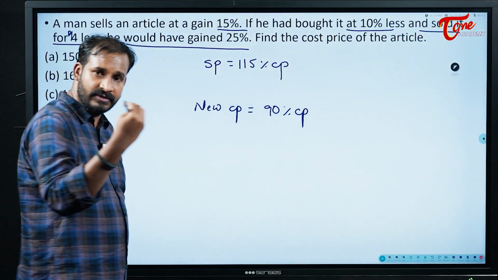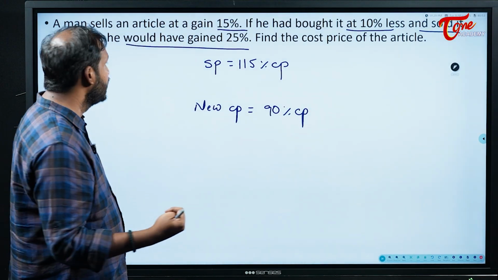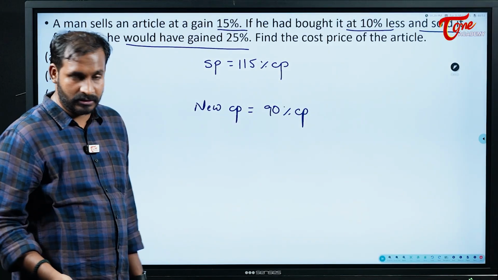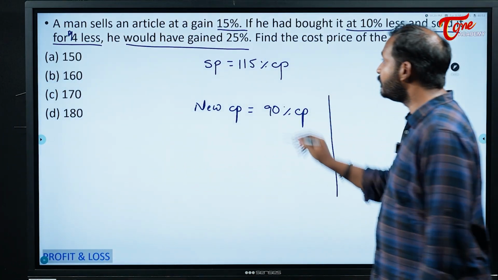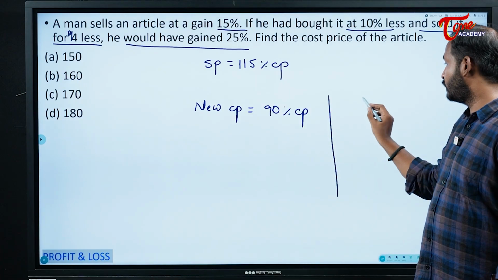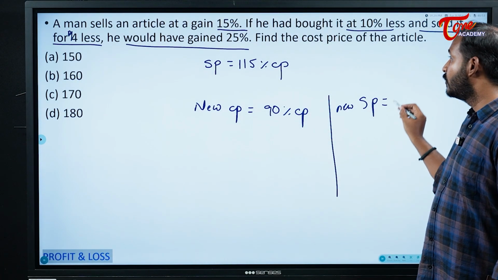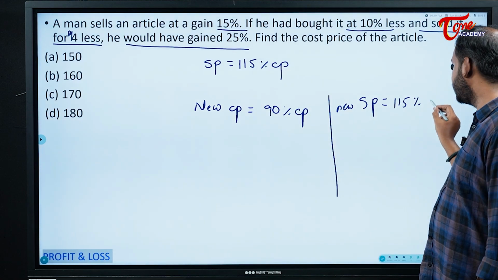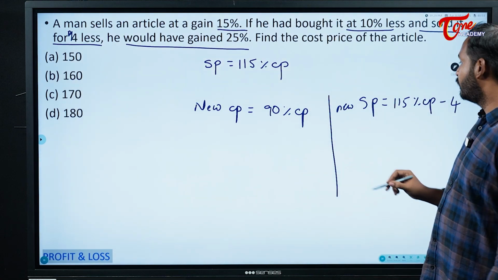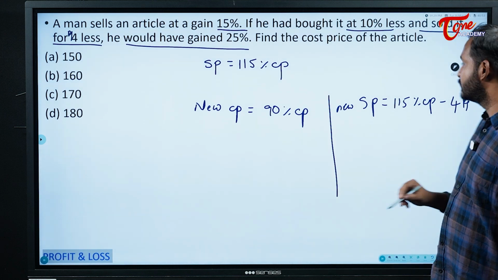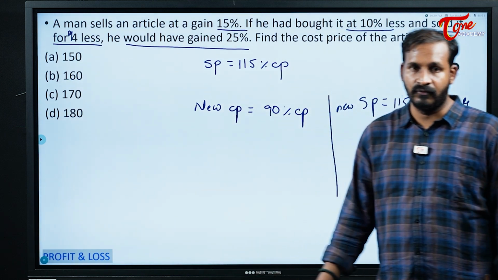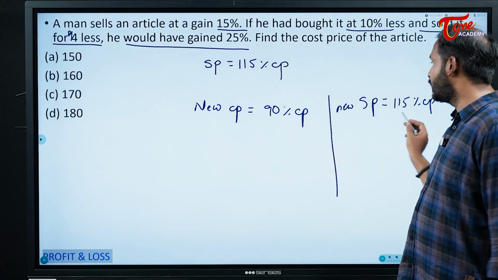Because he would have purchased it for 10% less. Now, new SP is equal to 115% of CP minus 4. Why 4 rupees? He would have sold for 4 rupees less. This is new CP and new SP.